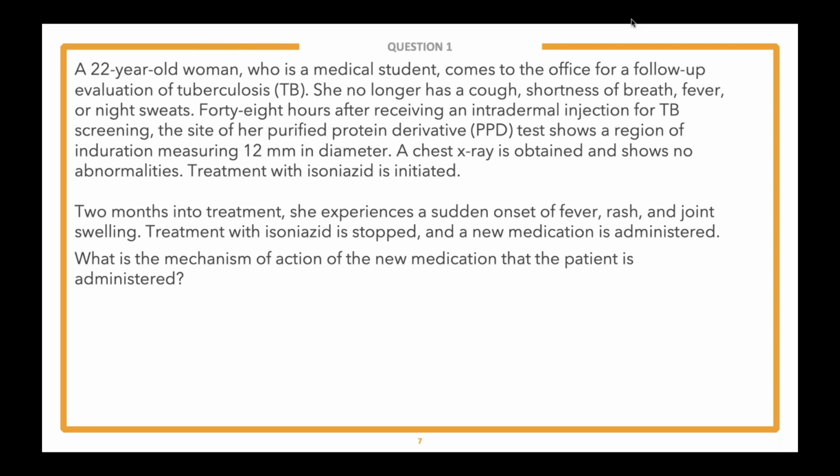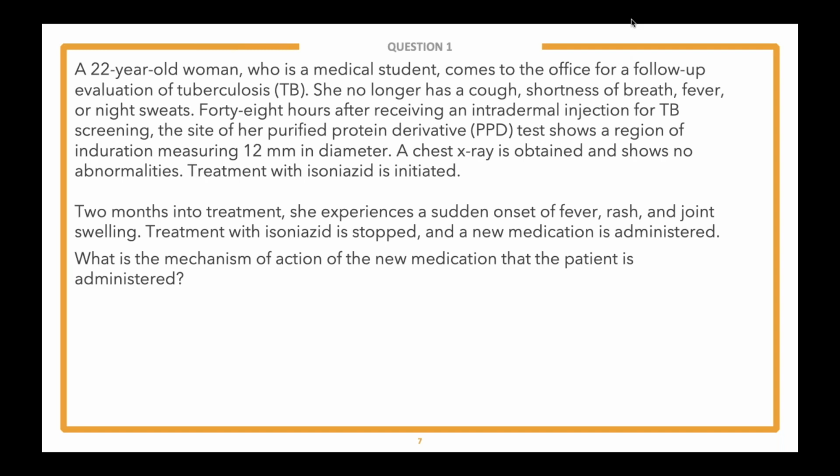She no longer has a cough, shortness of breath, fever, or night sweats. 48 hours after receiving an intradermal injection for TB screening, the site of her purified protein derivative, or PPD test, shows a region of induration measuring 12 millimeters in diameter. A chest X-ray is obtained and shows no abnormalities. Treatment with isoniazid is initiated.